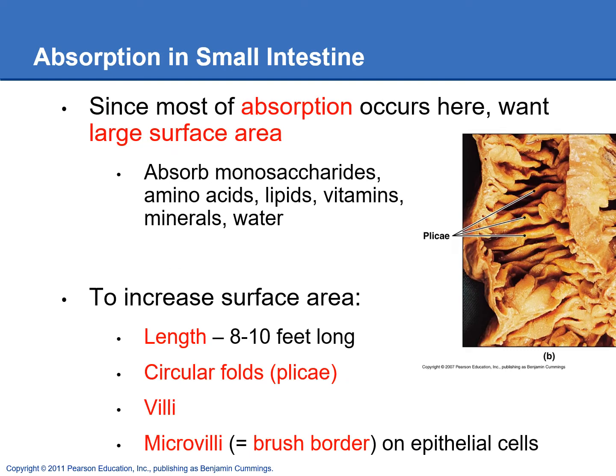Since the small intestine is where we're going to be doing the majority of absorption of our nutrients and water, we need a really large surface area. So to increase the surface area of the small intestine, it's very long, 8 to 10 feet long. It has these circular folds called plicae, and then there's villi and microvilli, which we'll look at on the next picture.